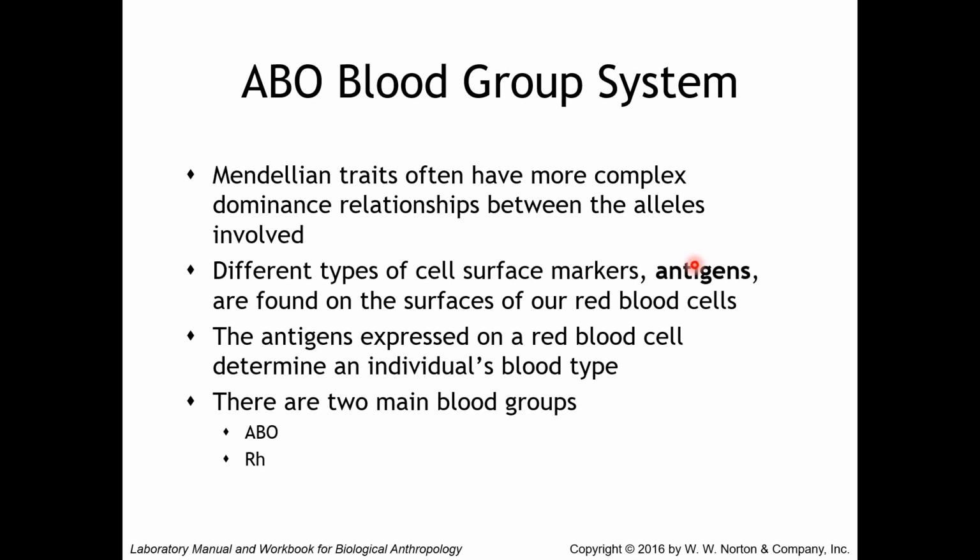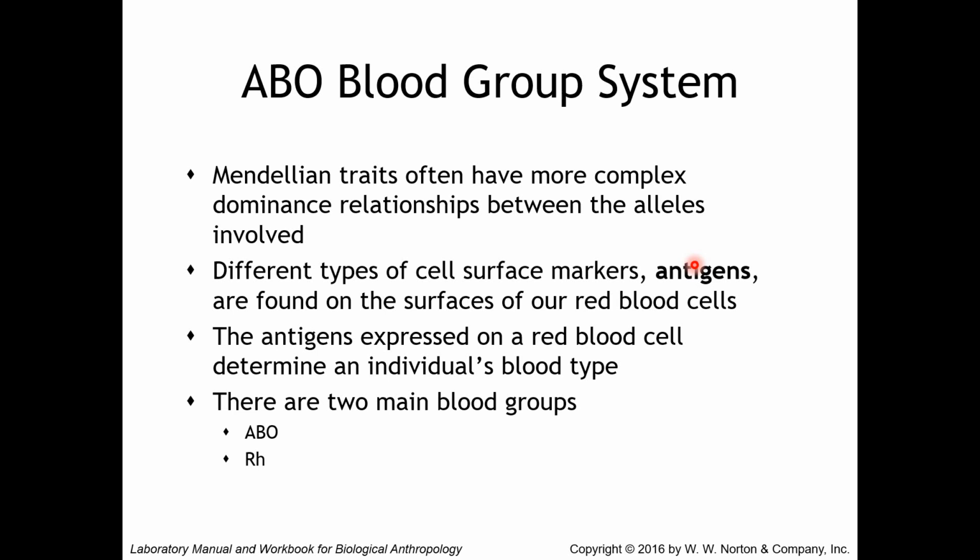Different types of cell surface markers known as antigens are found on the surfaces of our red blood cells. In general, an antigen is a substance, such as a bacterium or enzyme or fragments of them, that triggers an immune response. Blood group antigens are either sugars or proteins. So the antigens expressed on a red blood cell determine the individual's blood type.